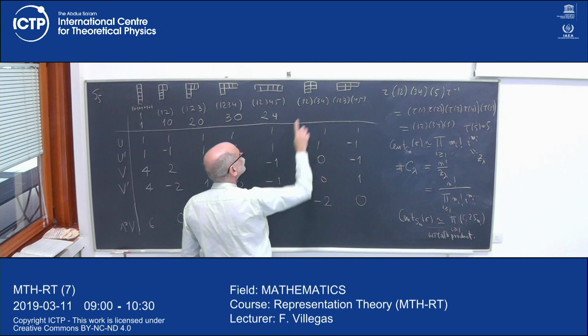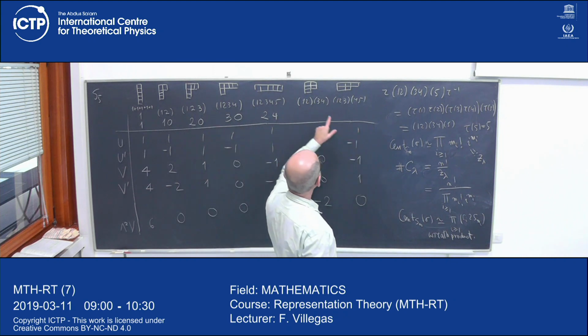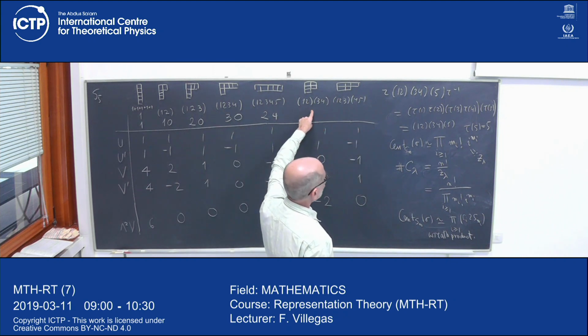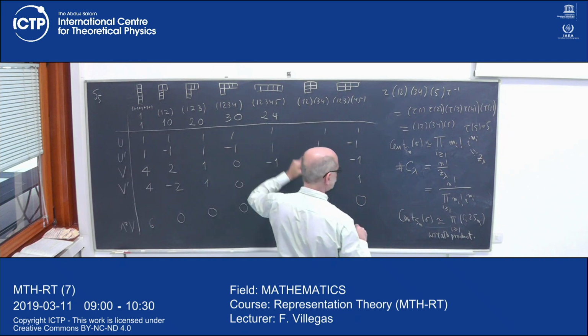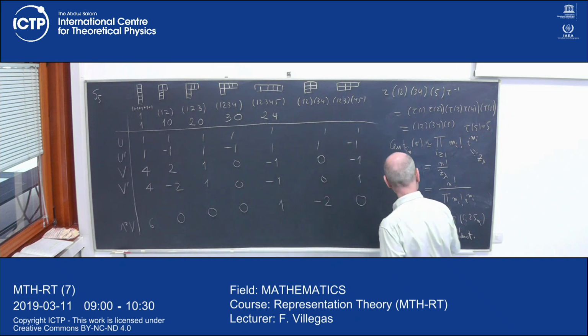Okay, so let's use this calculation that we did here for this case. Here we have n factorial, 5 factorial, is 120.